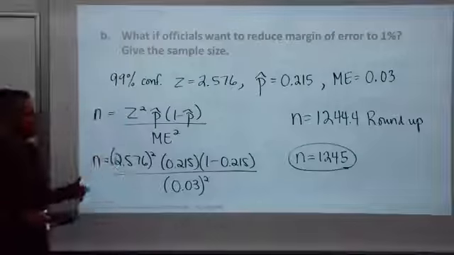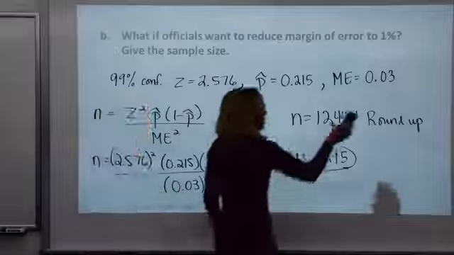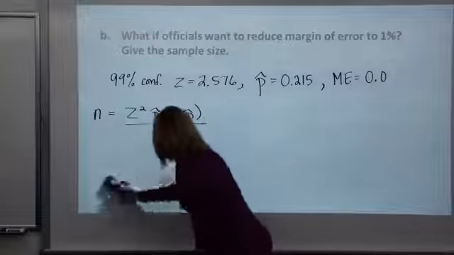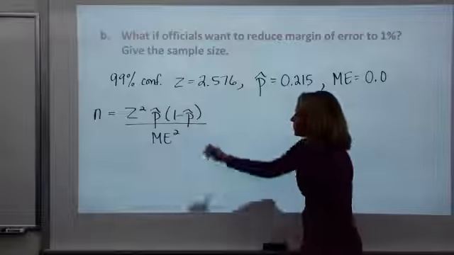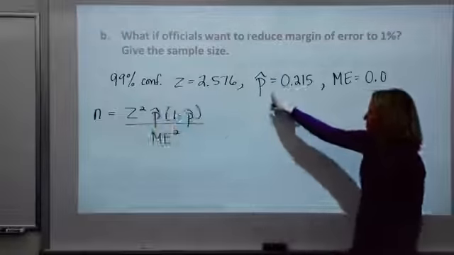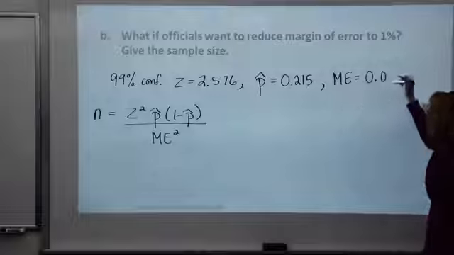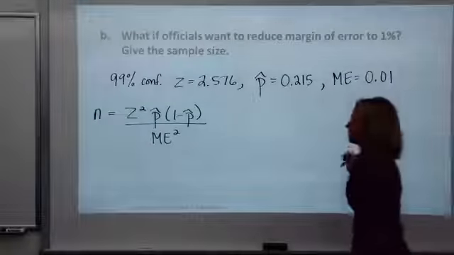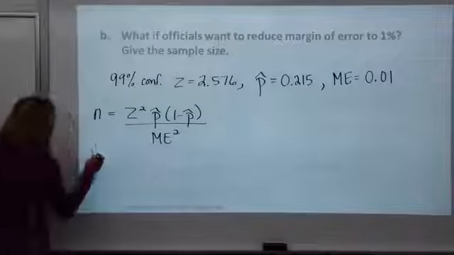You should write all of this down, but I'm going to cheat a little bit. Still want to be 99% confident. Our p-hat value hasn't changed. What does change is the margin of error to only 1%. Let's see how this affects the sample size.